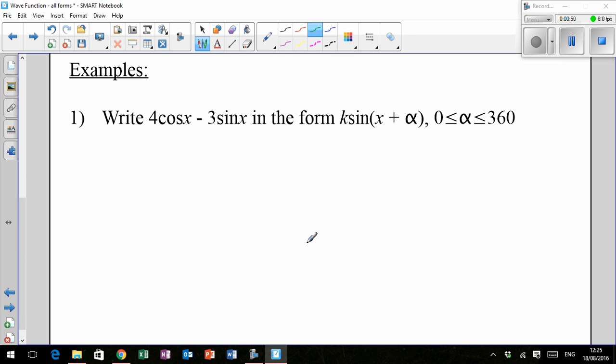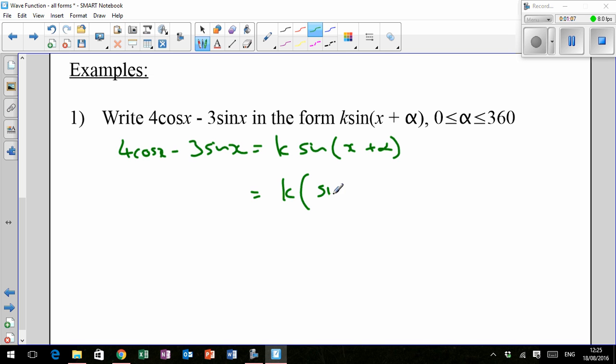Okay, so what we've got here is 4 cos x minus 3 sin x, and we want to make that look like k sin(x plus alpha) this time. Now we know that sin(x plus alpha) expands to sin x cos alpha plus cos x sin alpha.